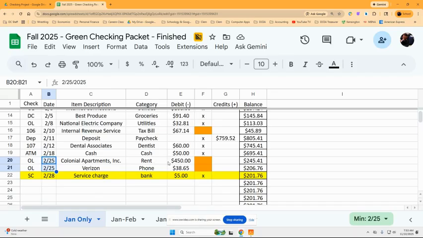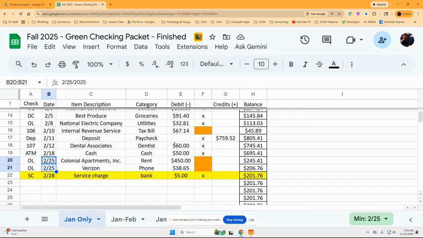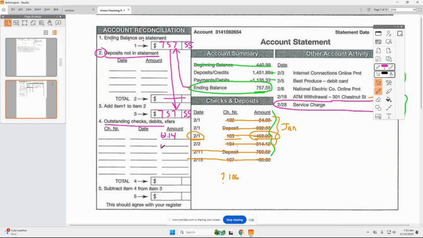It takes time to transfer this stuff, but we've got 3 payments that are outstanding, so let's go ahead and record them. 67.14, 450, and 38.65. Add those up. According to my math, we made a total of $555.79 worth of payments.